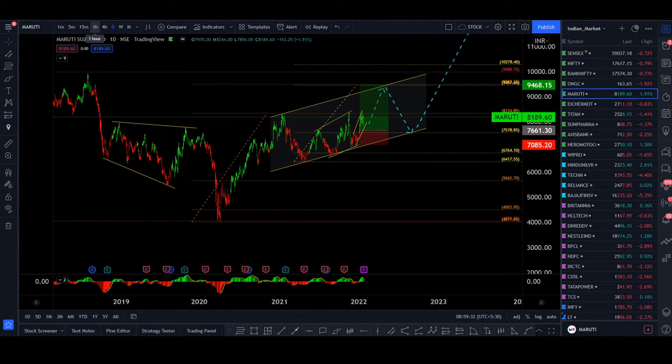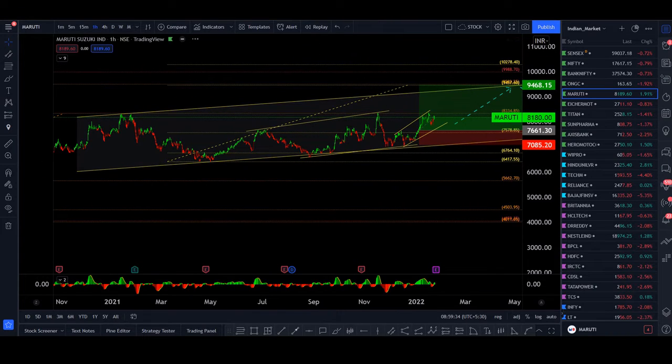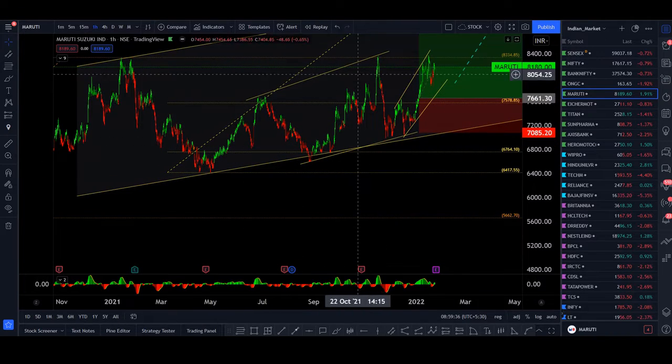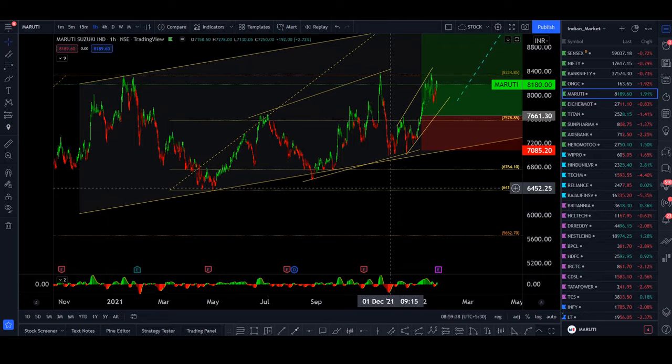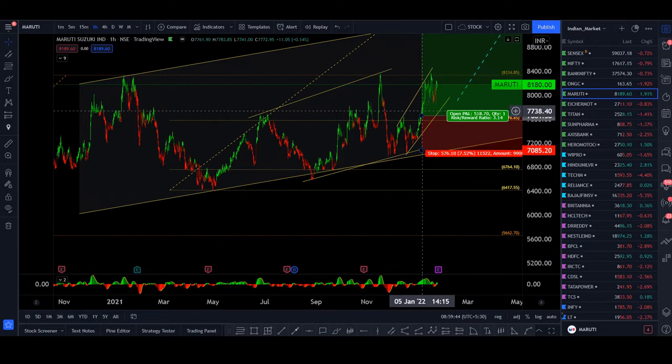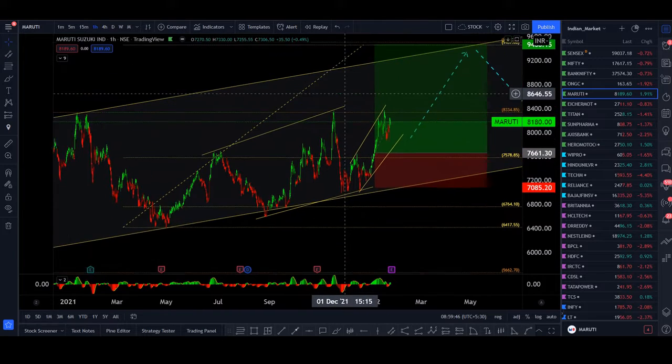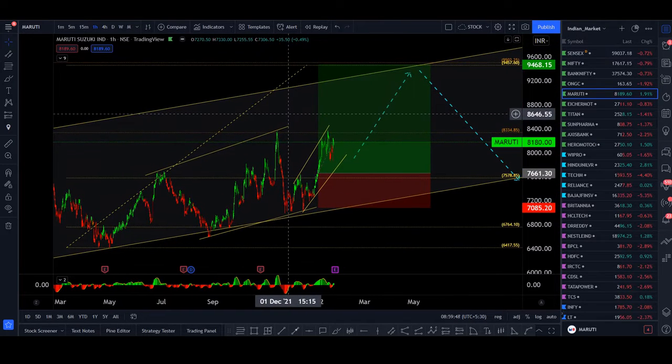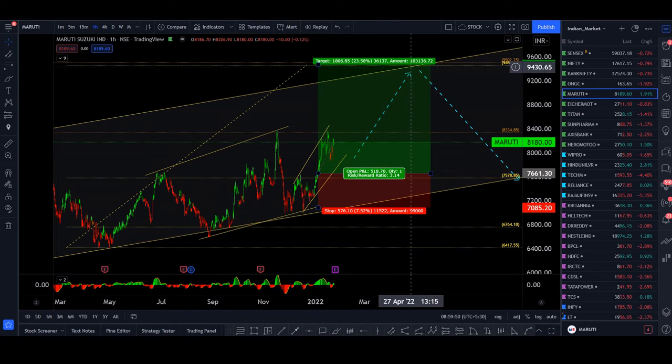Coming to the hourly, same thing, using this setup in the lower time frame, what we saw on the daily, that's what we have taken. Once it had a breakout here, we took this trade, and this trade is expected to reach 9,450.